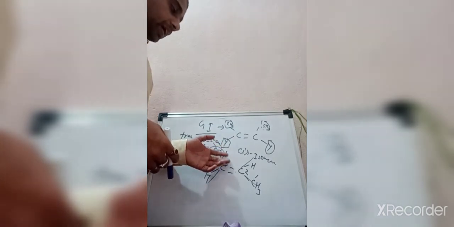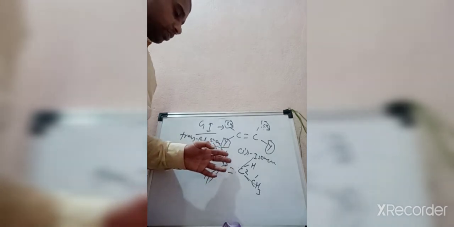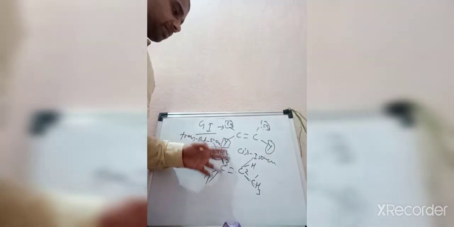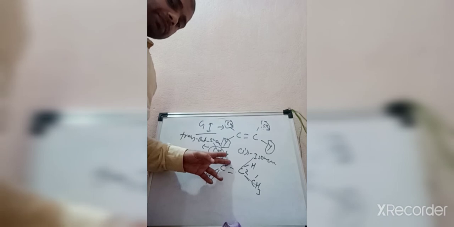But first of all, in this video you have to do geometrical isomerism and structural isomerism, and we will solve the dipole moment in the next video. Okay, thank you.